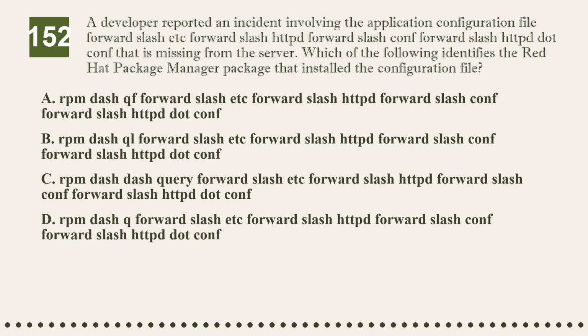Option B. rpm -ql /etc/httpd/conf/httpd.conf. Option C. rpm -query /etc/conf/httpd/conf/httpd.conf. Option D.